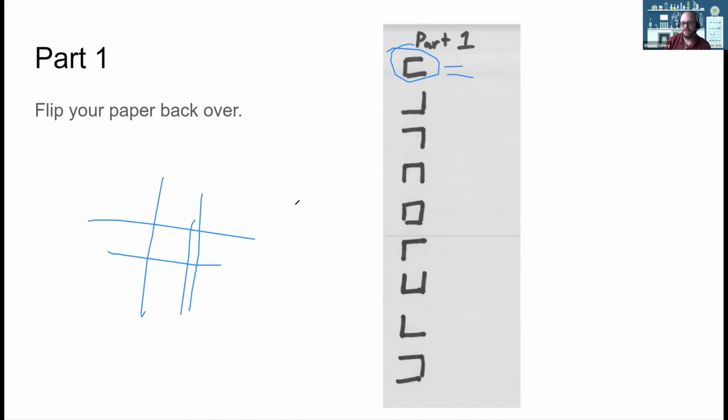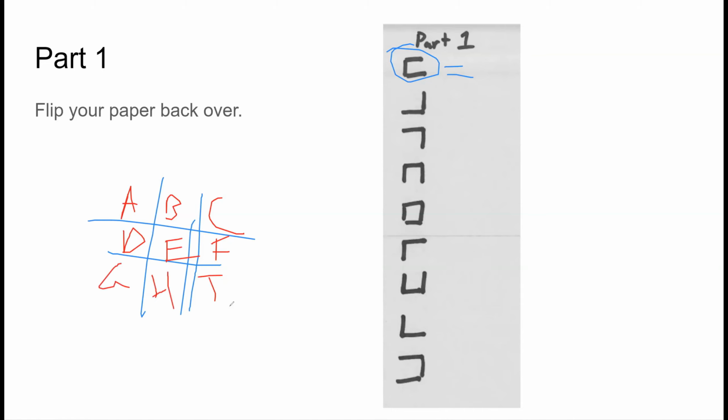What letter is that? Do you remember the pattern? So we had the tic-tac-toe thing, and then what were the letters? Is this letter like A B C D? Because we used the alphabet, right? E F G H I. So what is this first letter here?